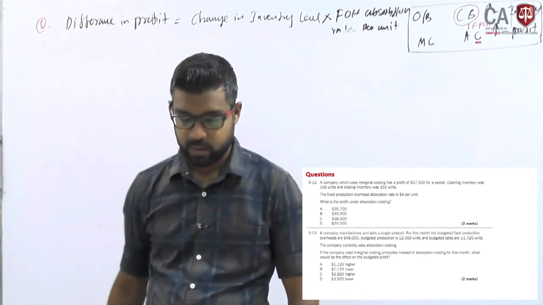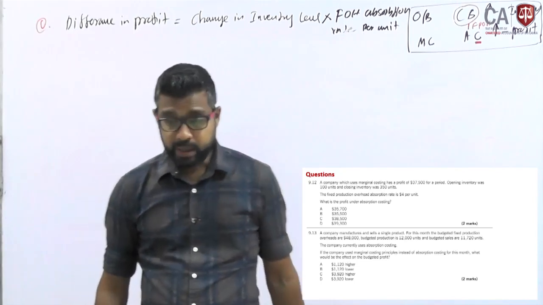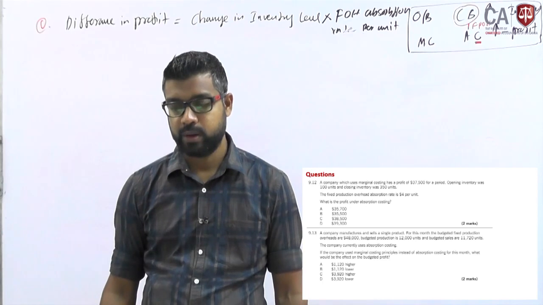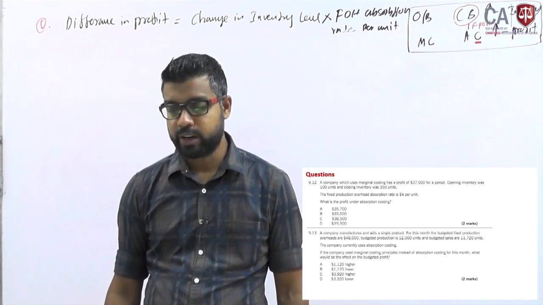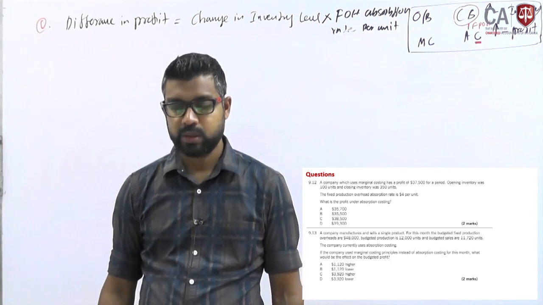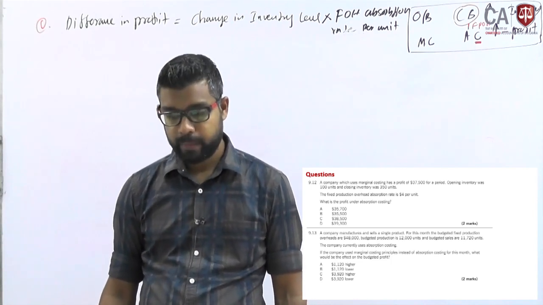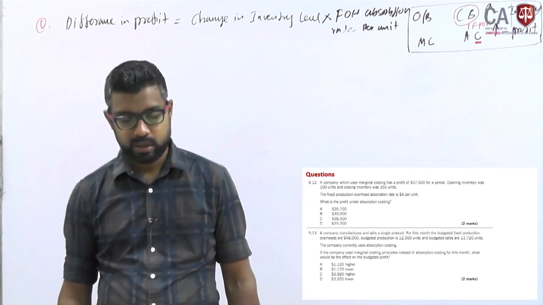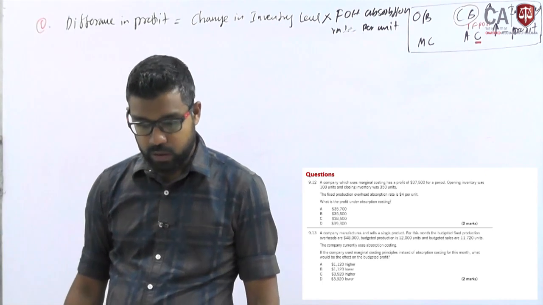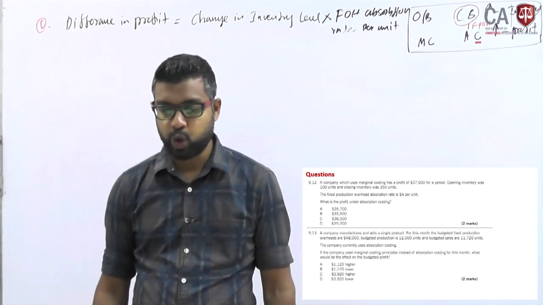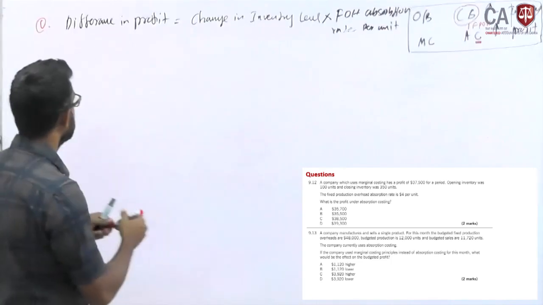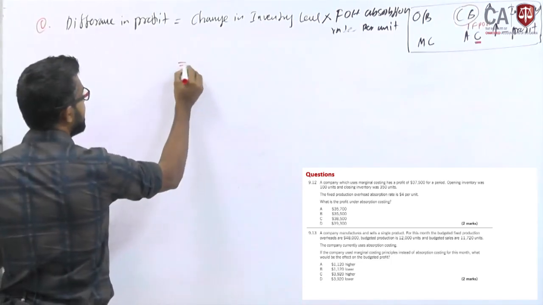A company which uses marginal costing has a profit of 37,500 for a period. Opening inventory was 100 units and closing inventory was 350. Fixed production overhead absorption rate is 4 per unit. What is the profit under absorption costing? Simple. You can do it even faster than me.